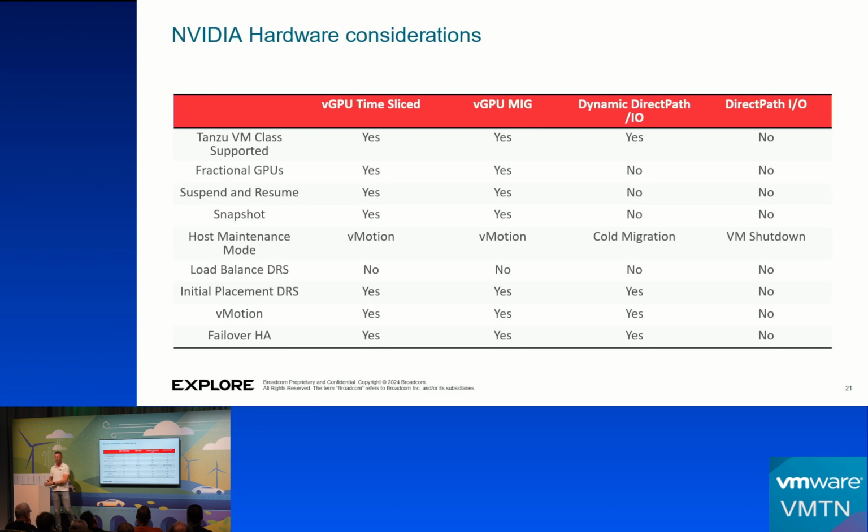Do I require a certain form of availability, and thus require maybe vMotion? Then you're already limited in the ways you're going to assign the GPU to the workload. What to consider completely depends on your requirements when it comes to those GPU configuration options.